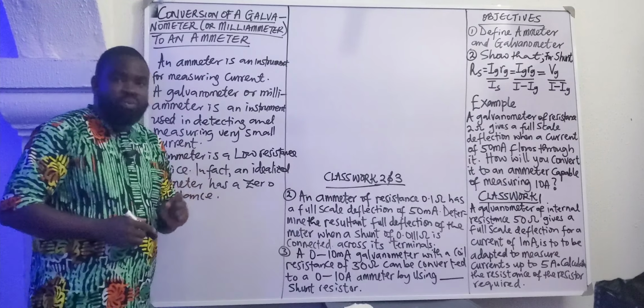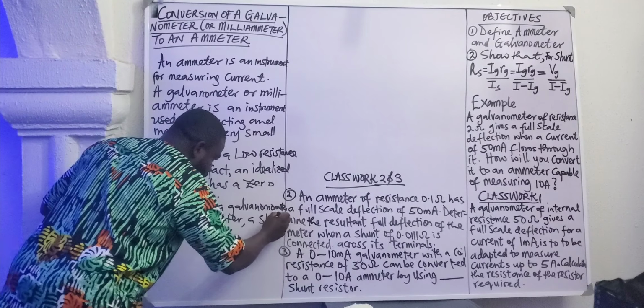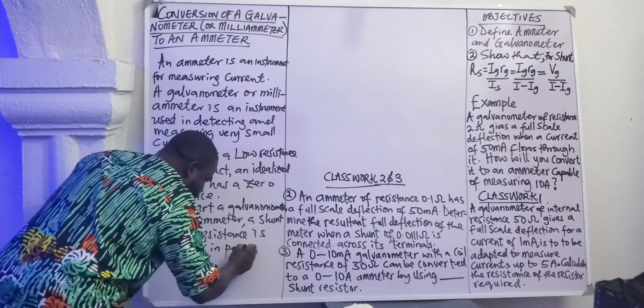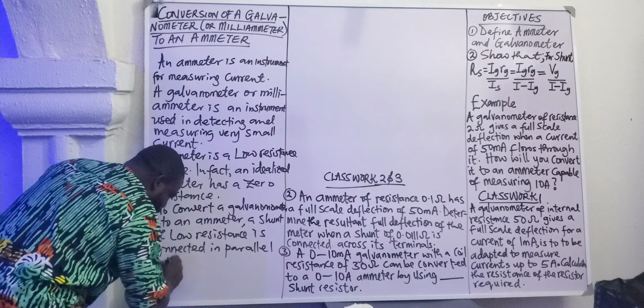Now, I said to convert a galvanometer into an ammeter, a shunt of low resistance is connected in parallel to the galvanometer.